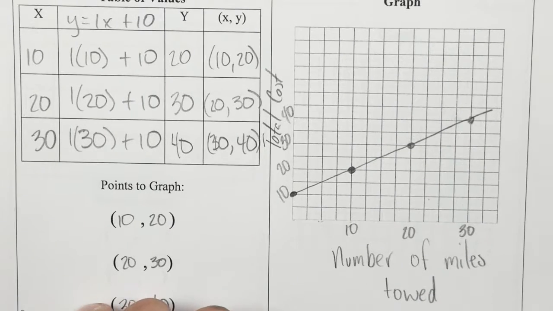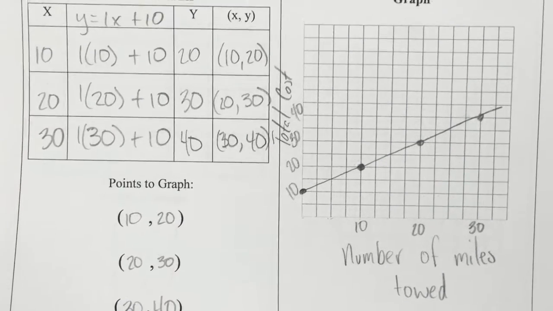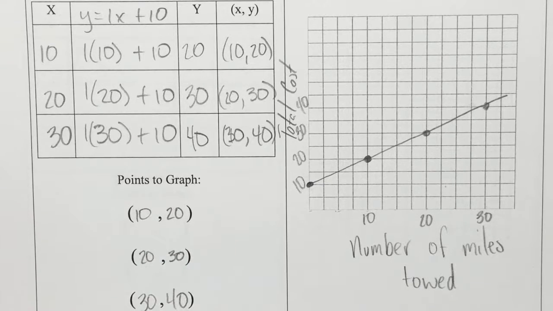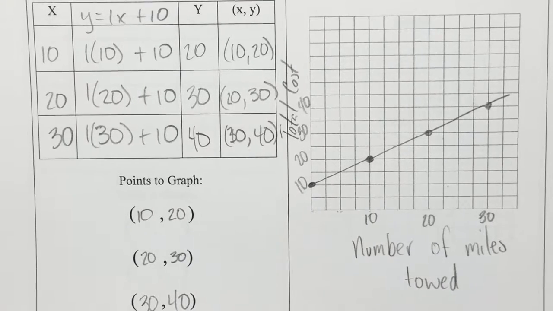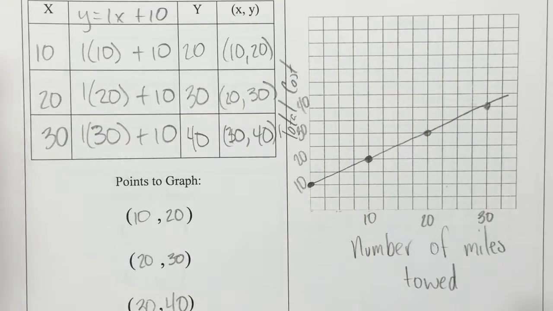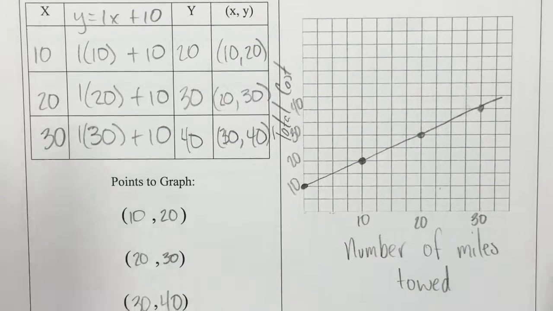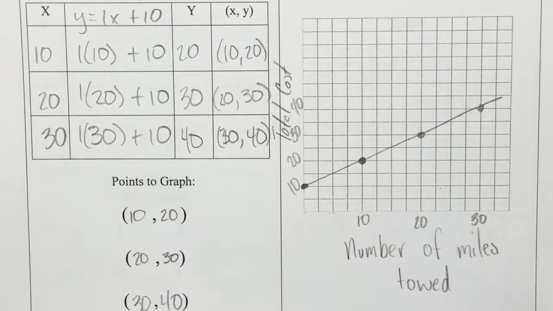All right. Give you a second to get that down. All right. So everybody should have this. So that's essentially what we're going to do on the next 3. We're going to define our variables, write an equation, make a table, and graph it.